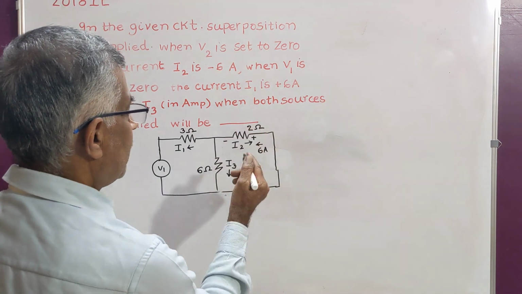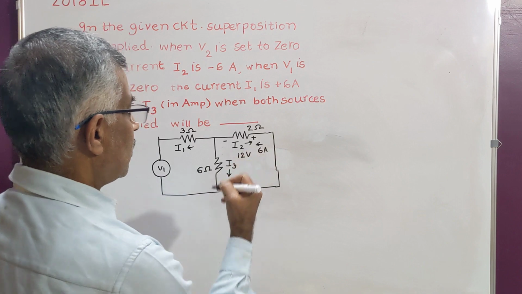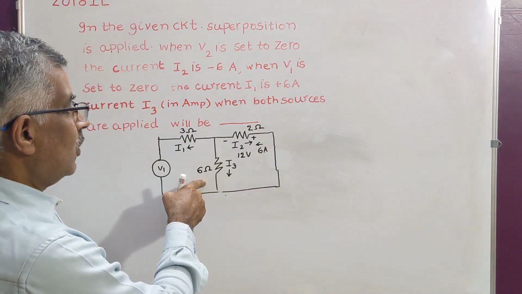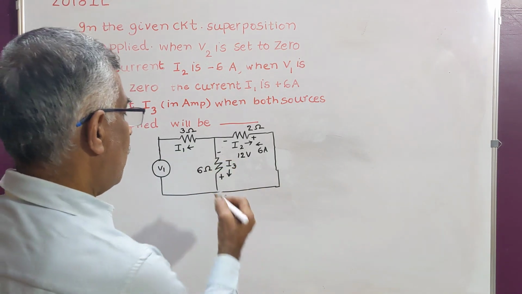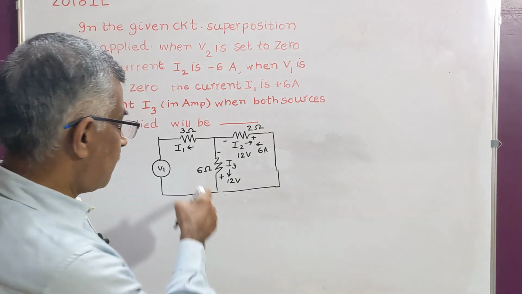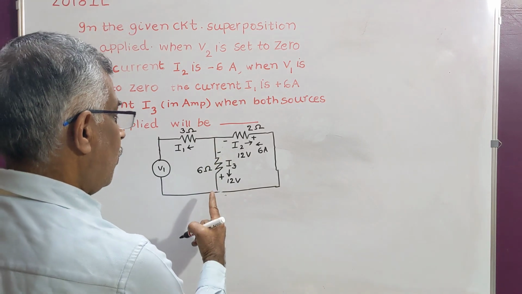Now for this condition, 6 amperes means this is plus, this is minus. What is the voltage drop? The voltage drop is 6 into 2, 12 volts. So this 2 ohms is in parallel with 6 ohms. Therefore, here also the voltage is 12 volts. Now 12 volts positive, negative. Therefore I3 flows in this direction.